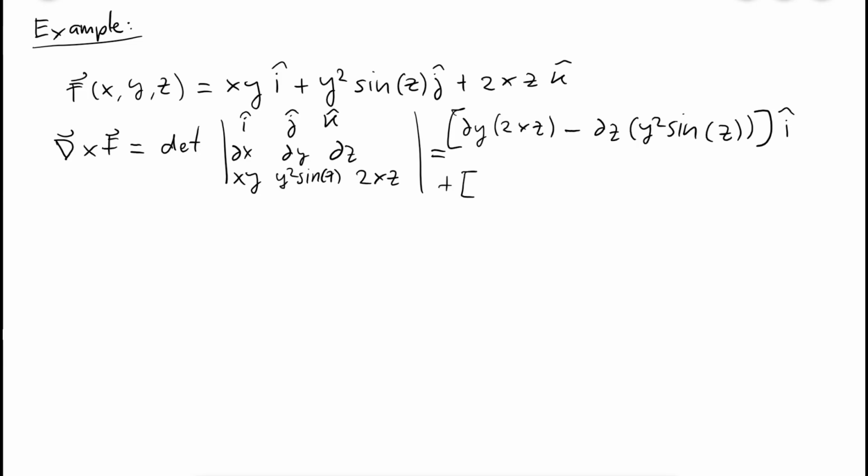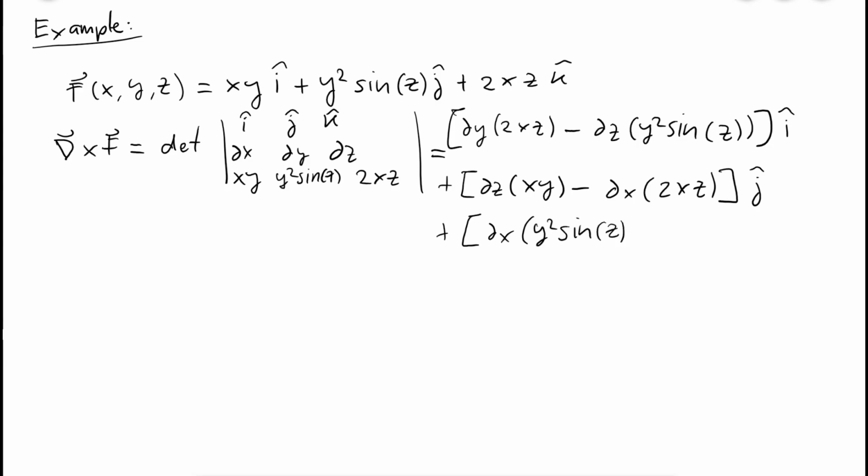Now in the j direction, that is along the y-axis, I have the partial derivative with respect to z of xy minus the partial derivative with respect to x of 2xz. The final term will be partial x of y squared sine of z minus partial y of xy, multiplied by the vector along the k direction.